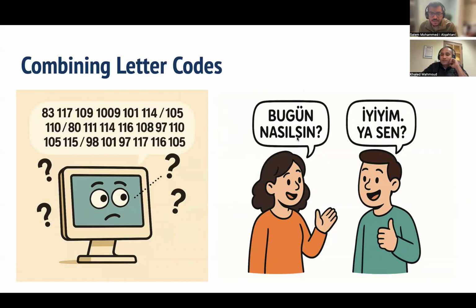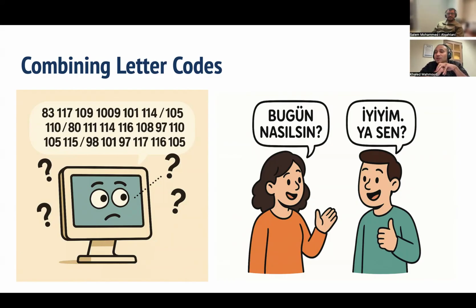Ugun, Nasil, Sin, Imi, Yasin. Yeah, I know some Turkish. Your pronunciation is not bad, but can you understand it? No. This is how the computer sees a flow of characters or letters. It can understand each character, as we are able to pronounce each character separately, but it cannot understand the meaning.